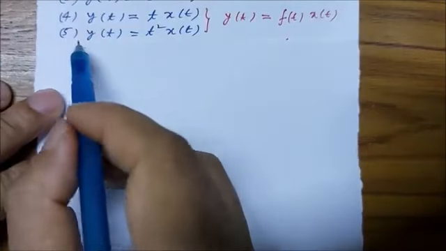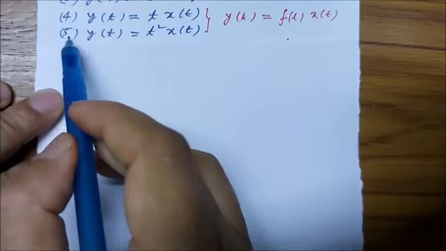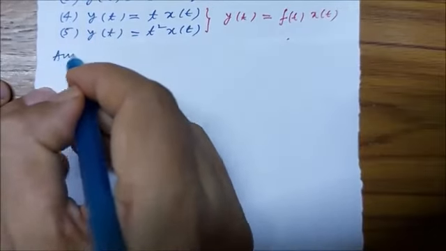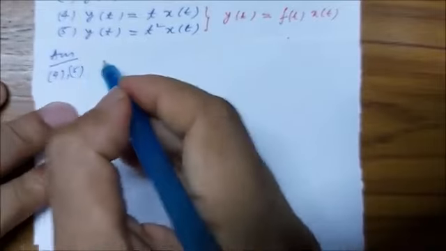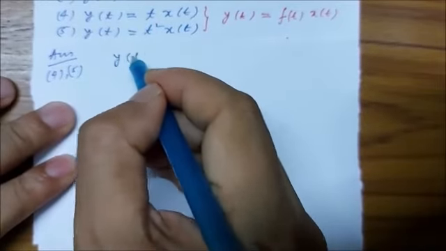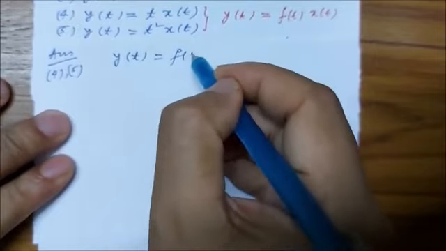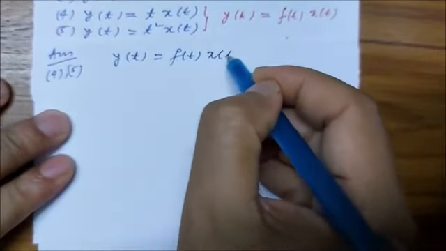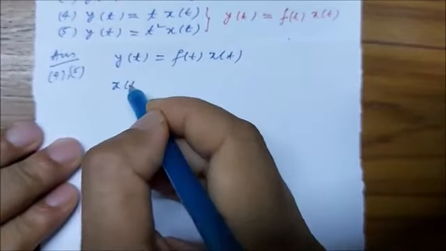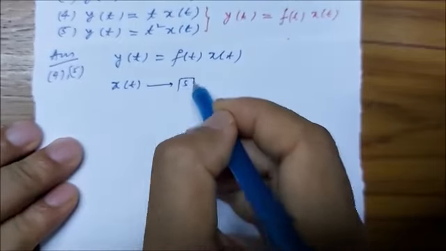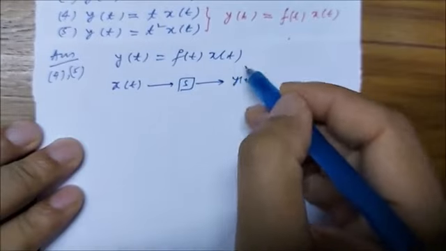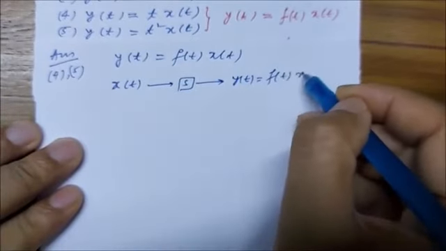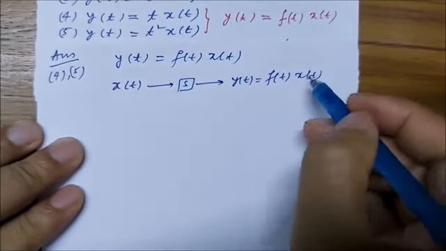Next, let us take up the fourth problem as well as the fifth problem. Here y of t is given to be f of t, x of t. Here x of t is the input applied to the system. We get the output, which is given to be f of t, x of t.